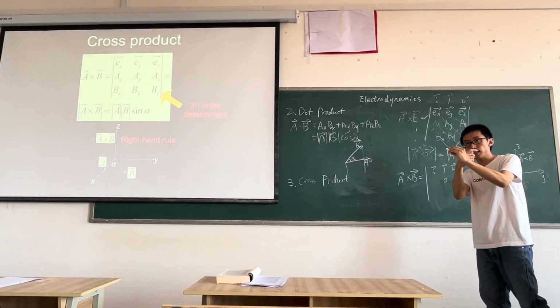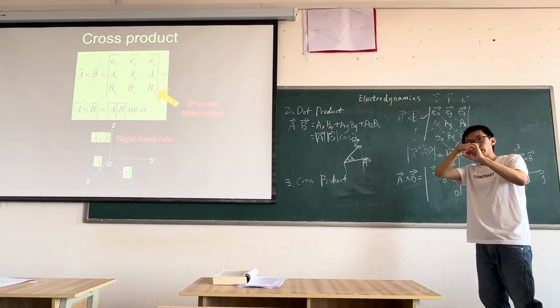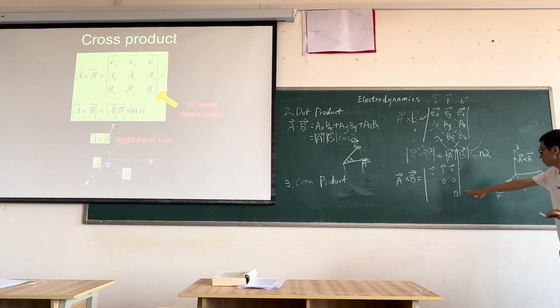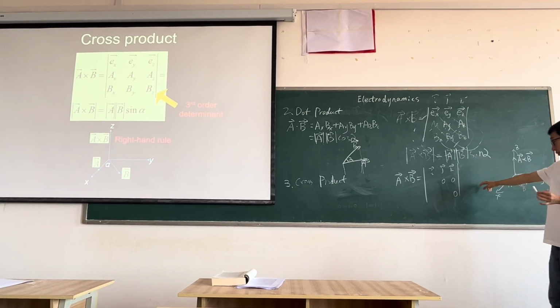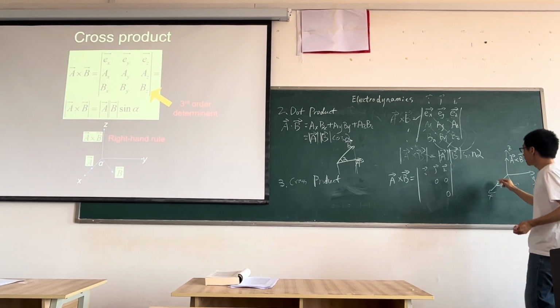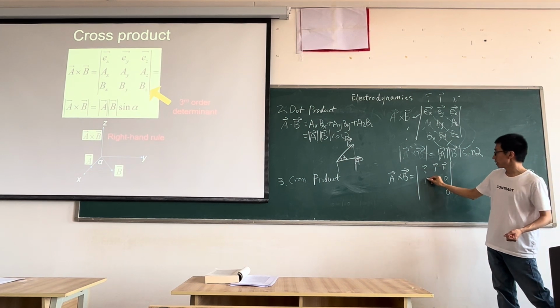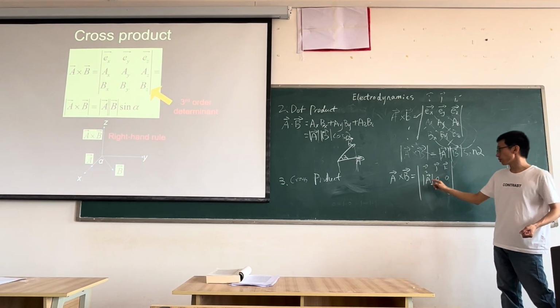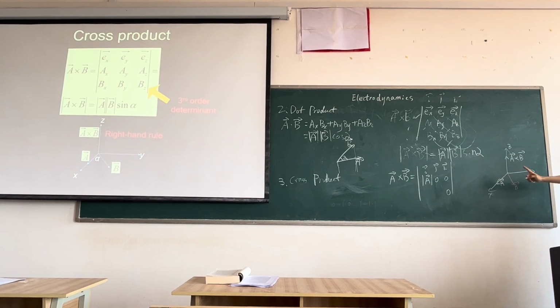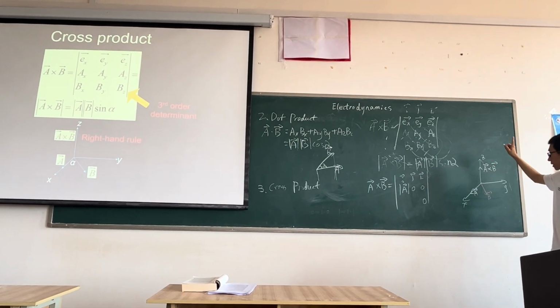We choose one as x and one as y so that B falls in xy. That's why B's z component is 0. A only has an x component, which equals its length.